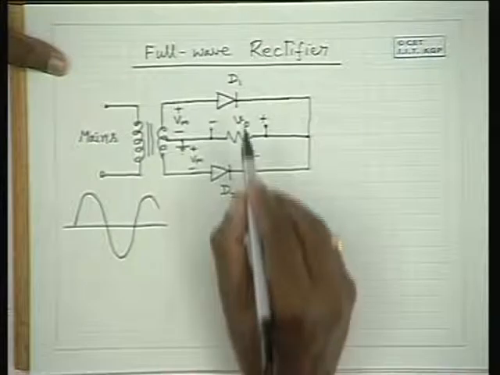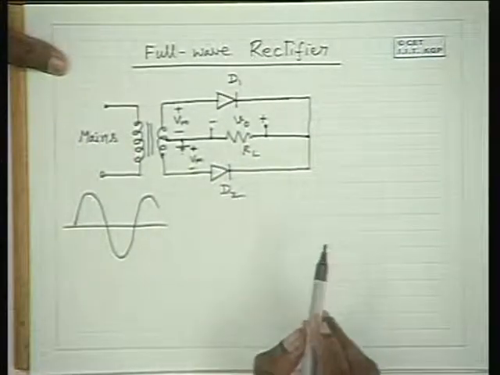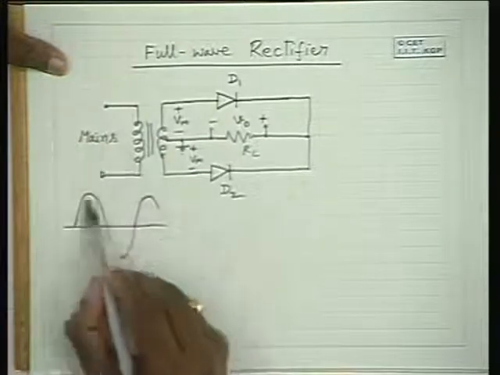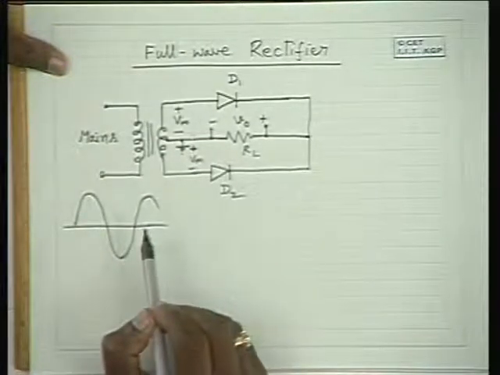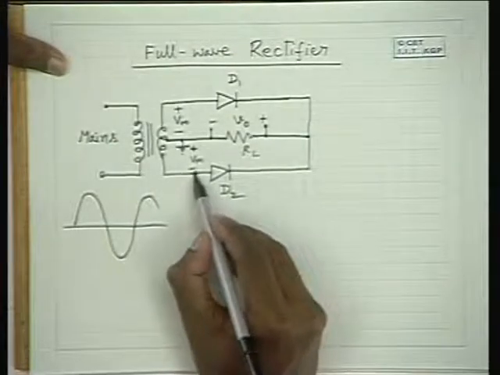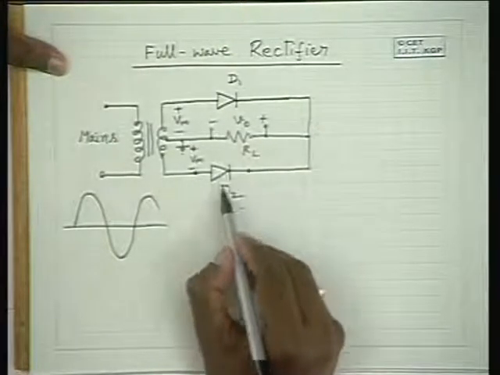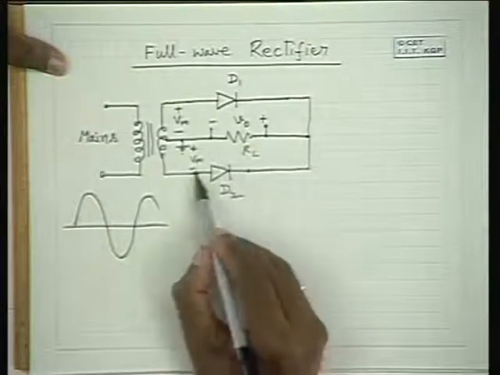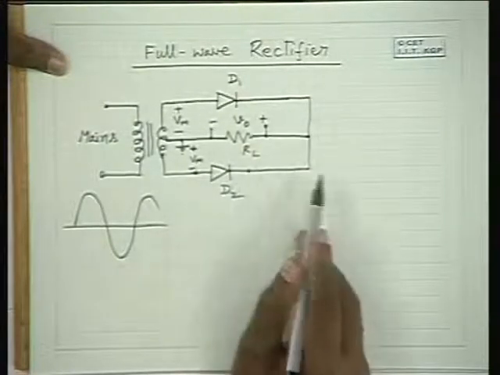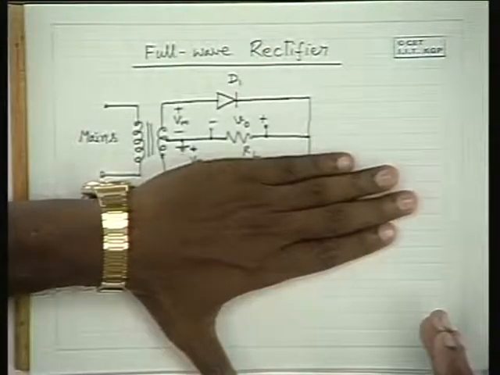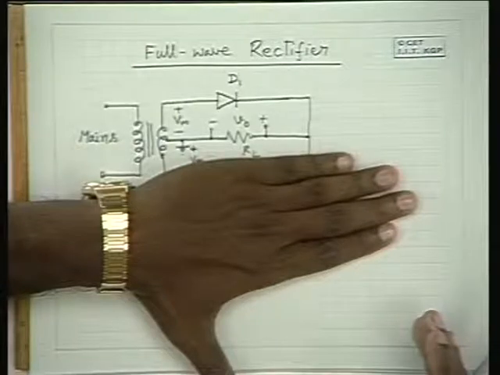Hence D1 conducts and D2 goes off during the positive half cycle of the mains. Therefore, this is like an open circuit because this D2 doesn't conduct, and what is applicable is only the upper half of the circuit.